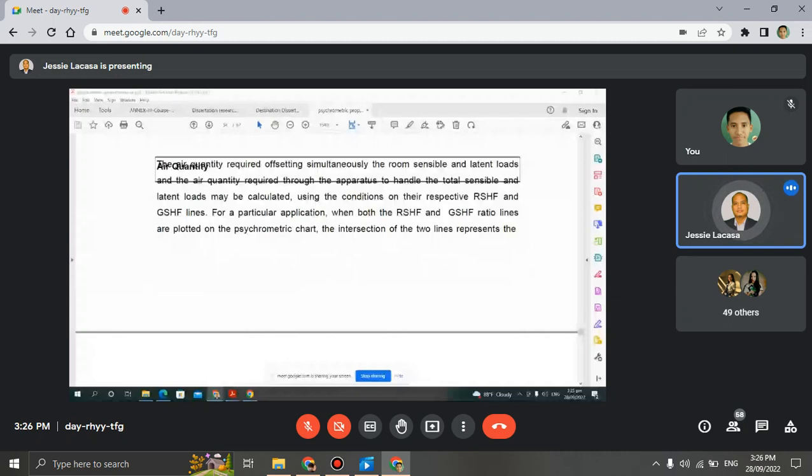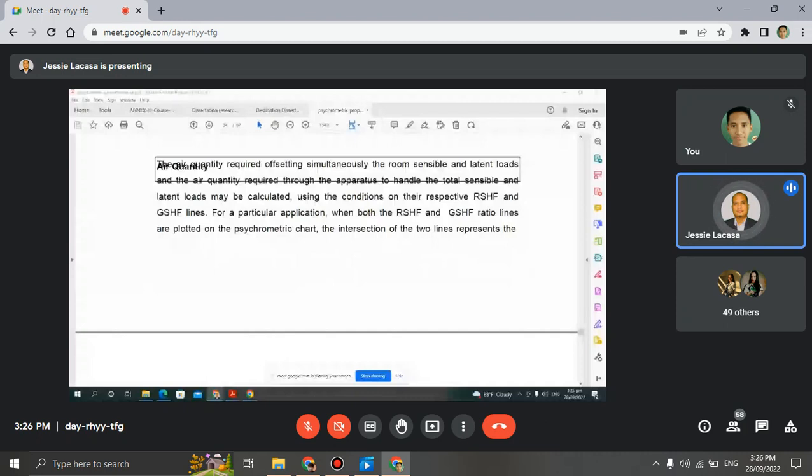And these loads may be calculated using the conditions on their respective room sensible heat factor and grand sensible heat factor lines. So, the grand sensible heat factor is not from the room but from the mixture, which is the mixture of the outdoor air and the room, or the return air.